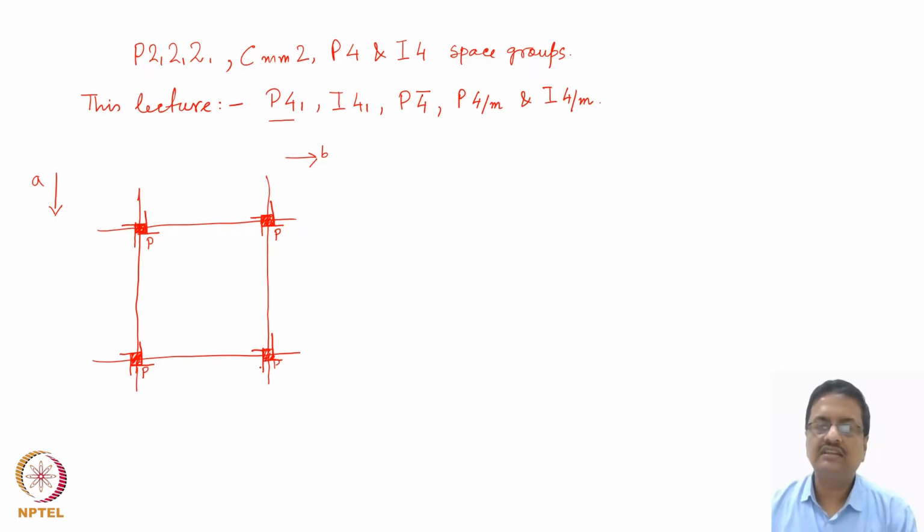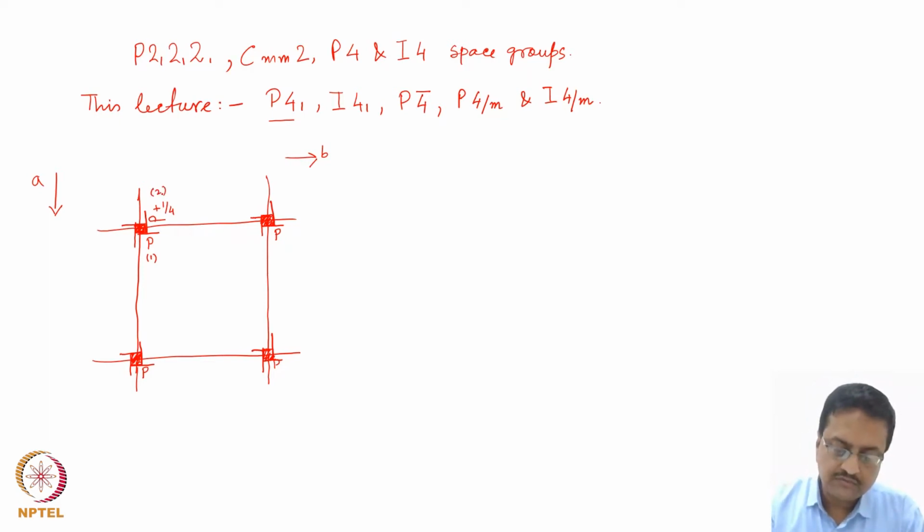Because of this 4-1 screw going along the z-axis, we should start drawing the equivalent points around it. From the first point, point number 1, if I do a 4-1 rotation, the point moves here with 1/4 translation. This point is number 2.